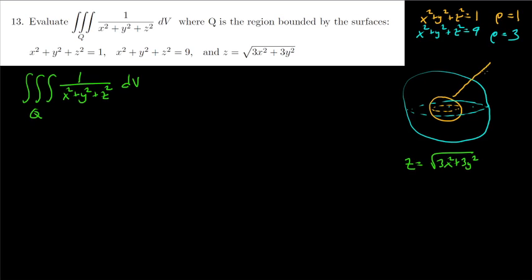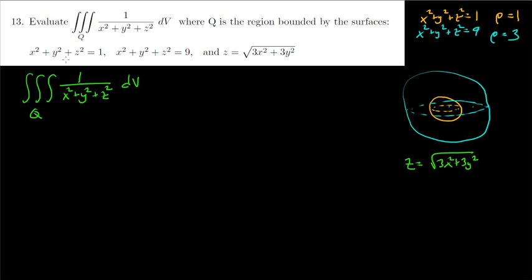That's this in orange over here. Right? So that's the unit sphere. So between that and x squared plus y squared plus z squared equals 9, that's the sphere of radius 3. Right? So in between those. And also z equals the square root of 3x squared plus 3y squared.